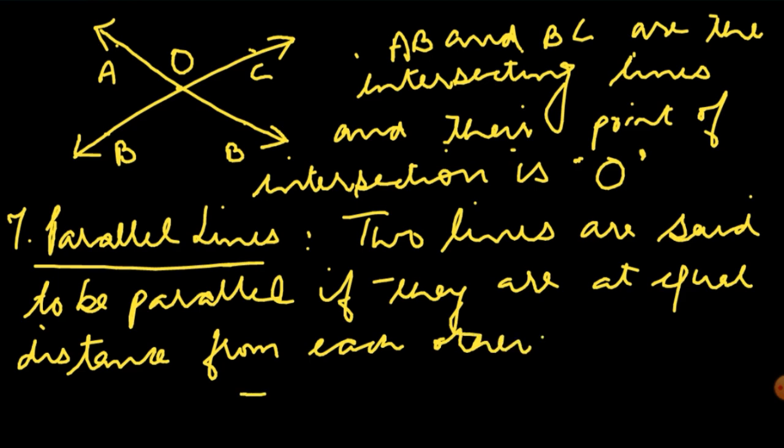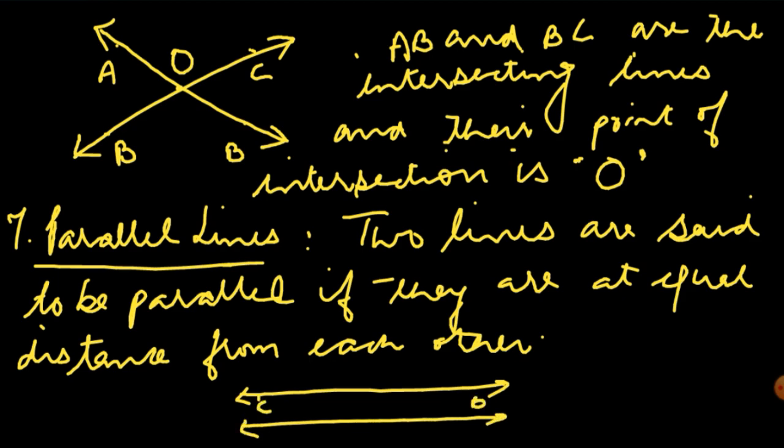For example, this is line CD and this is line AB. So we can say CD is parallel to AB. These lines never intersect each other.